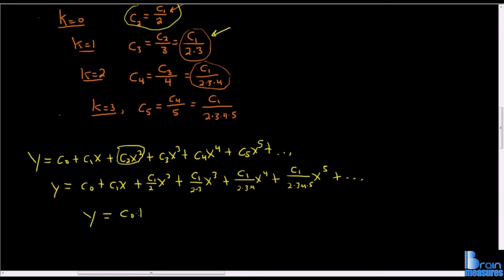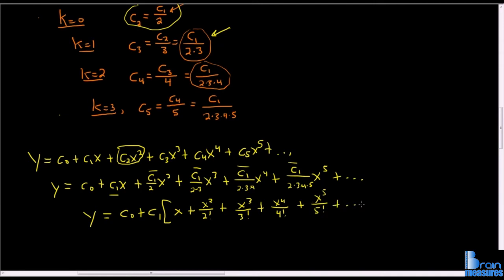Okay, so y equals, let's clean this up. This is c sub 0 plus, I'm going to factor out a c sub 1 from all of this. So it's c sub 1, I'll use a bracket, so this is x plus x squared over 2 factorial plus x cubed over 3 factorial plus x to the 4th over 4 factorial plus x to the 5th over 5 factorial.